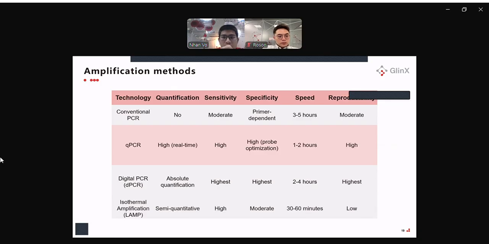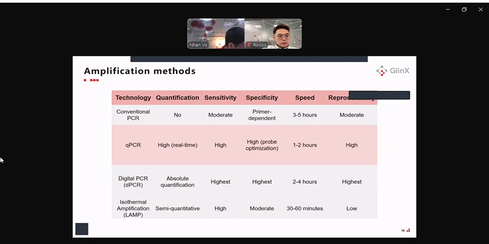It is time consuming, requires gel electrophoresis for the result analysis, and it cannot quantify the amount of the DNA because it is not a quantification method, only confirming the presence or the absence of the genetic materials.